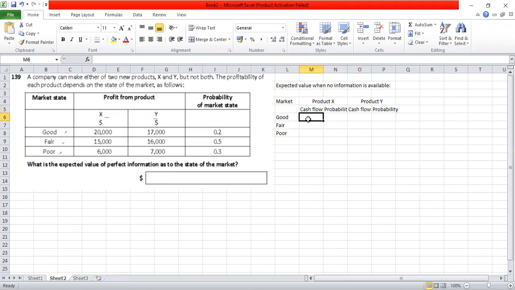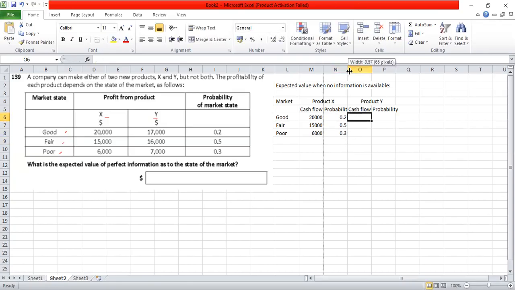So the cash flows in this case are 20,000, then 15,000, then 6,000 for product X. The probabilities are 0.2, 0.5 and 0.3.